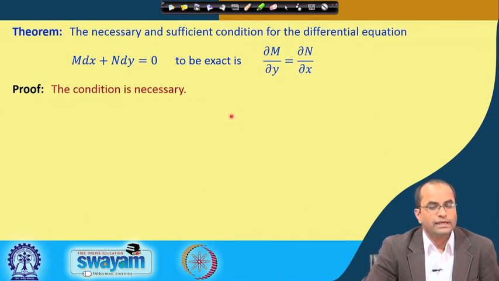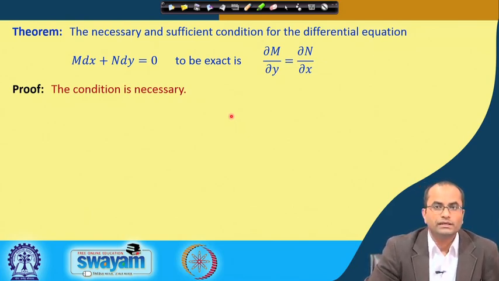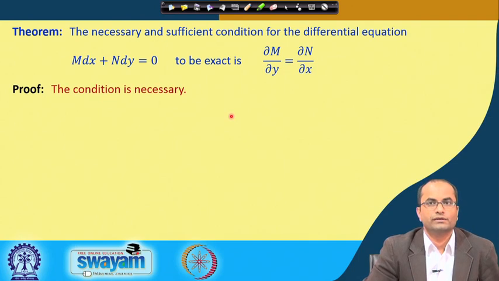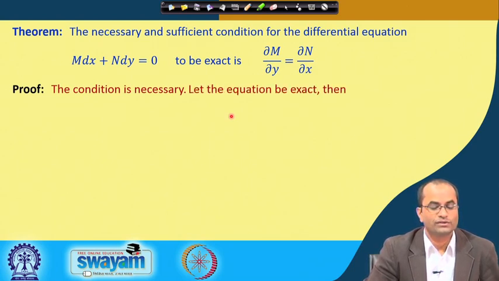So, let us assume that this condition is necessary, meaning that if the given differential equation is exact, then del M over del y should be equal to del N over del x. So, let the equation be exact. We assume that the equation is exact, and then we will prove that this condition holds.